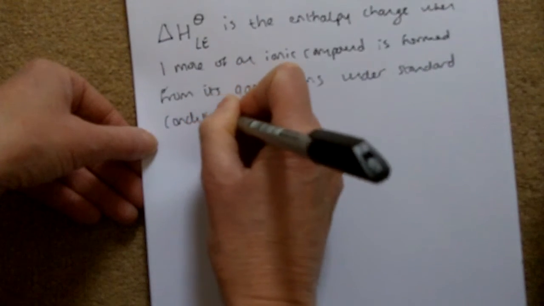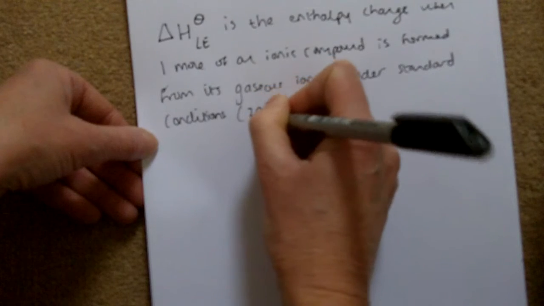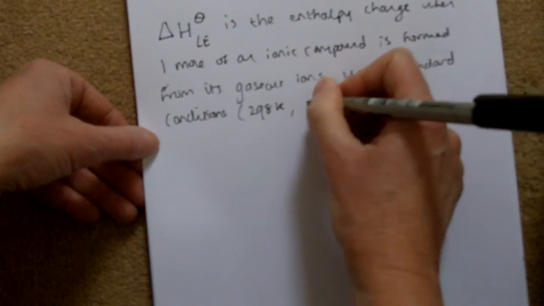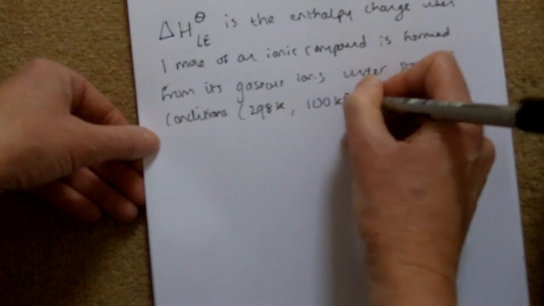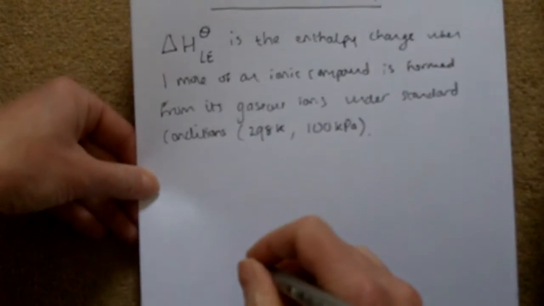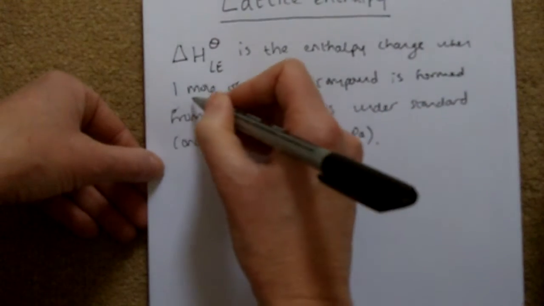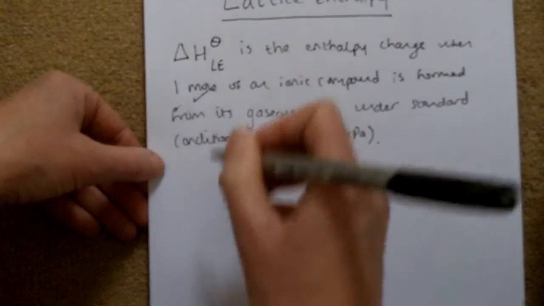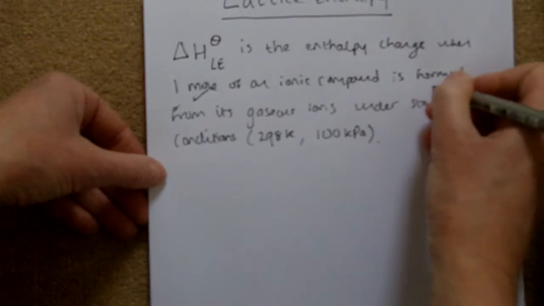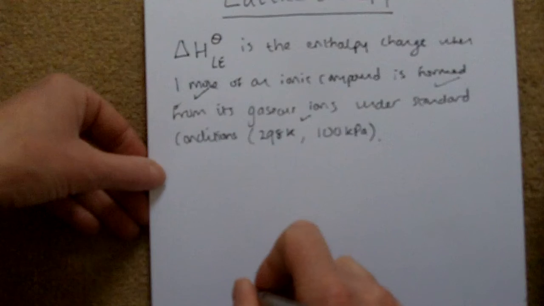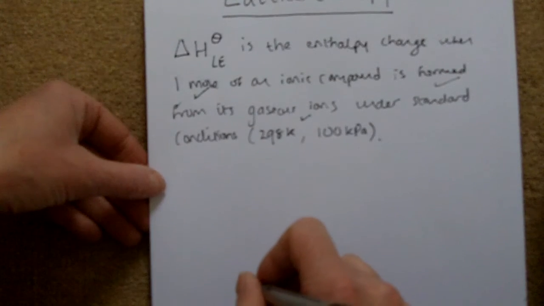And when we say standard conditions, we mean 298 Kelvin, 1 atmosphere, or 100 kilopascals. Okay, right, so the marking points for this: enthalpy change when 1 mole of an ionic compound is formed from its gaseous ions, under standard conditions.